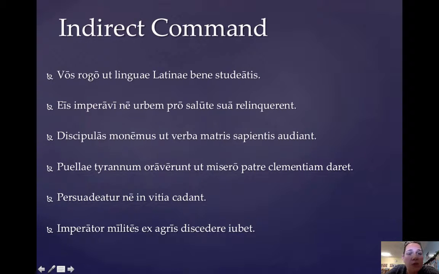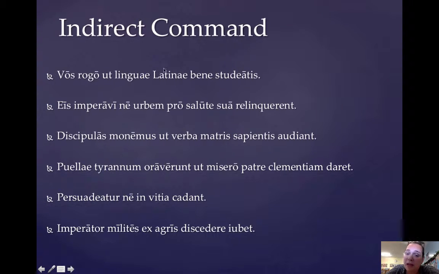Here it's vos rogo. I ask y'all, I ask you in the plural, ut studeatis, that you study the Latin language. Studeo takes the dative, so linguae Latinae is dative, that you study the Latin language well. Okay, so I ask y'all to study the Latin language well.